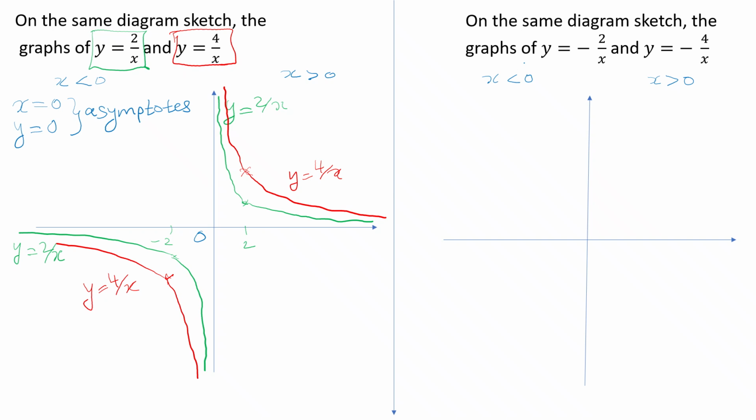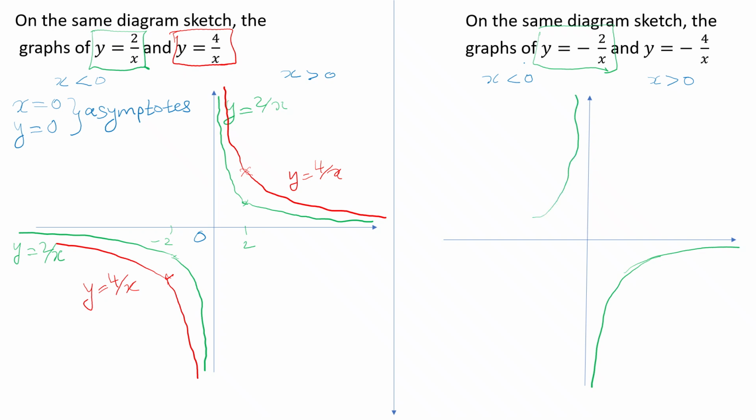Let's do the next one. I'm going to draw the first graph, green line. When x is positive, y value is negative. So the graph is going to be in the fourth quadrant, this way. When x is negative, y value is positive, because negative divided by negative is positive.